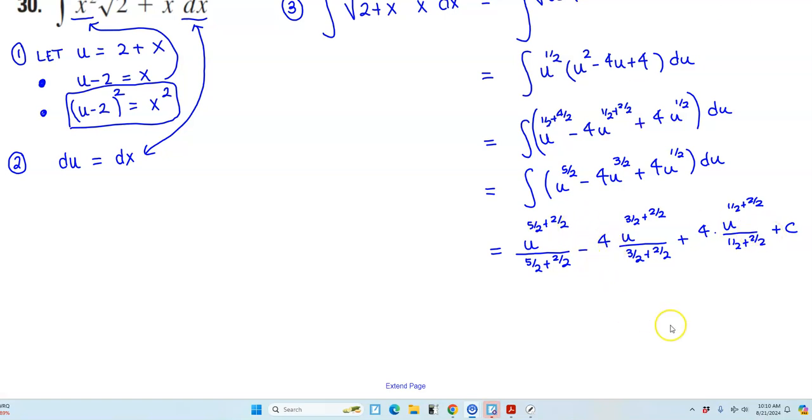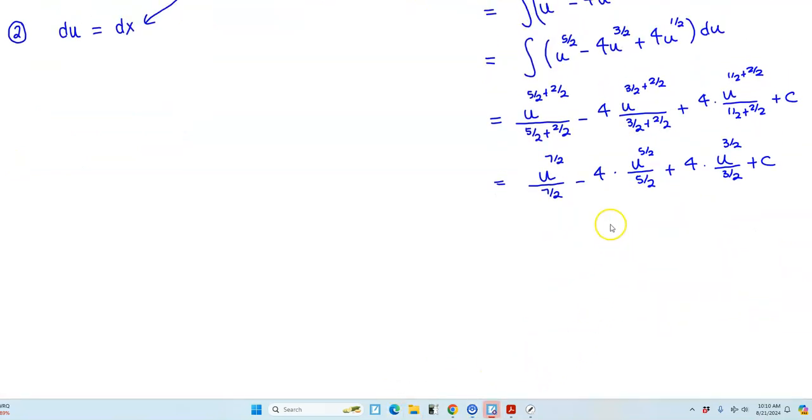Okay, so now let's simplify a little further. So we end up getting u to the 7 halves over 7 over 2, minus 4 times u to the 5 halves over 5 over 2, plus 4 times u to the 3 halves over 3 over 2, plus c.